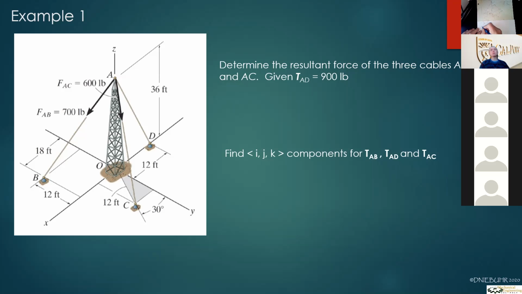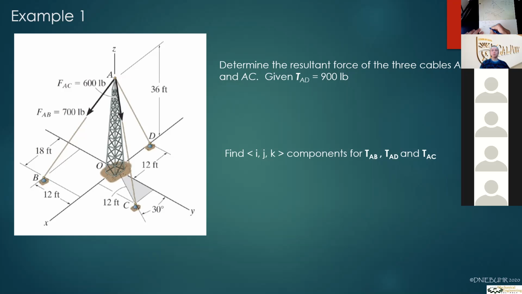the tension AB Z component in this case is just going to be this side of the triangle, just like before. So it's going to be equal to 700, because 700 pounds is the scalar value, times the cosine of theta.